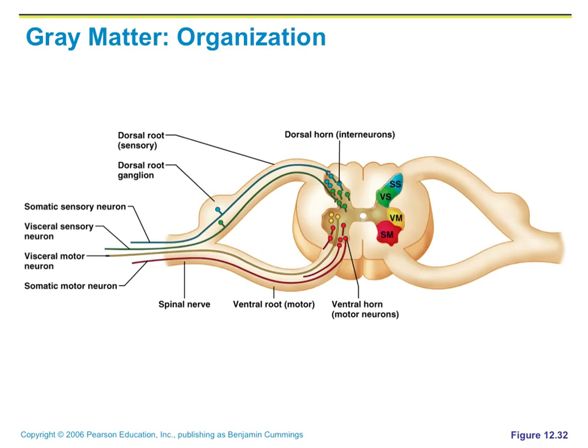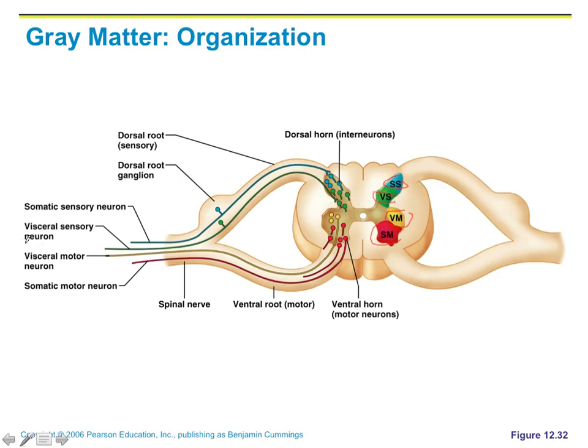We can divide the neurons into four categories based on different functions: the somatic sensory neurons, which we can abbreviate as SS, the somatic motor neurons, the visceral motor neurons, and the visceral sensory neurons.